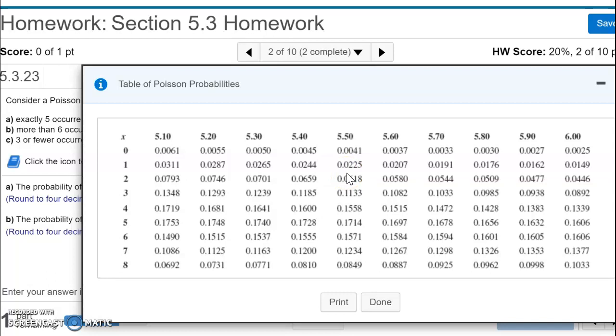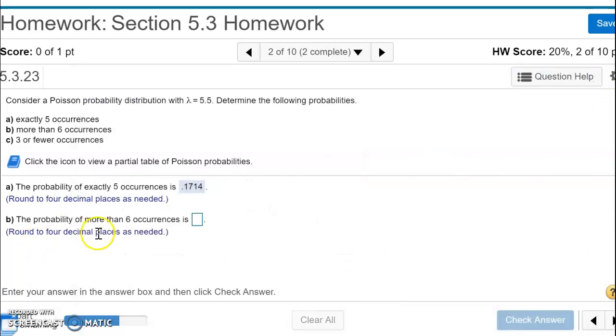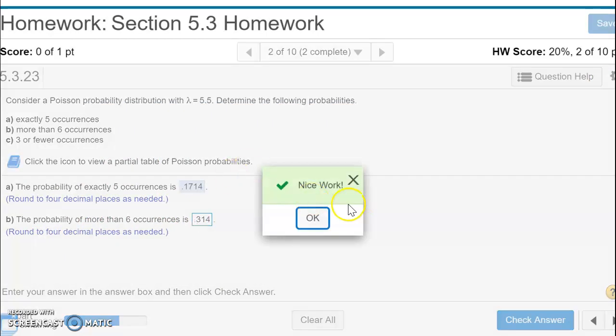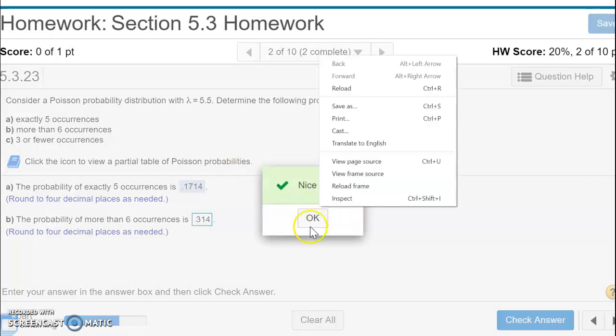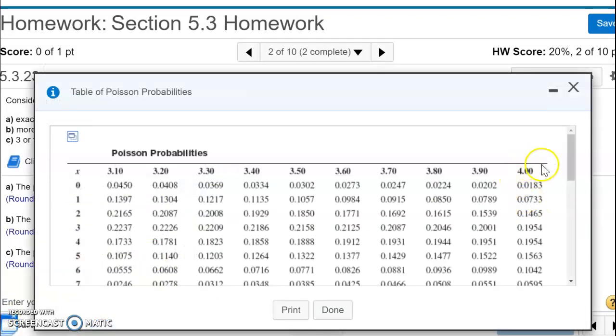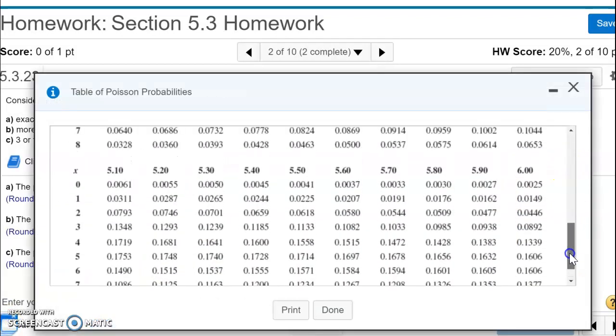Subtract all of those out. Let's see. And I got, if I didn't make a mistake, 0.314.